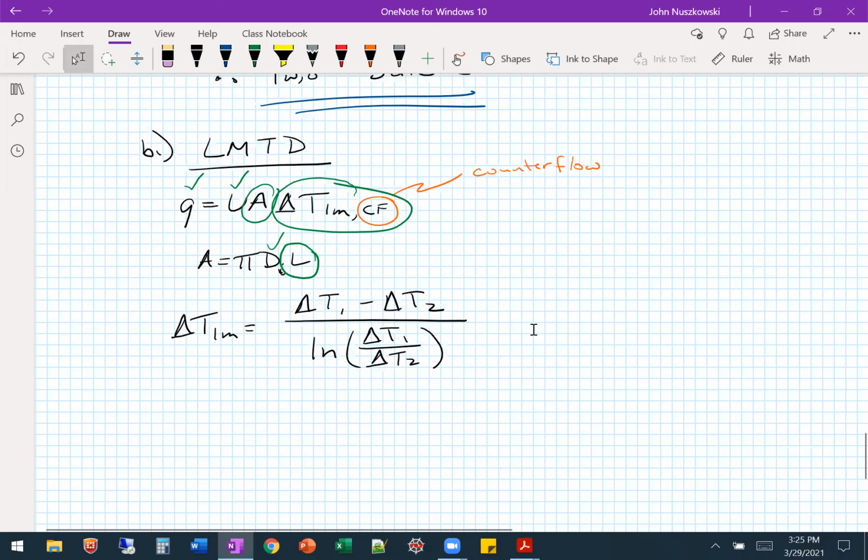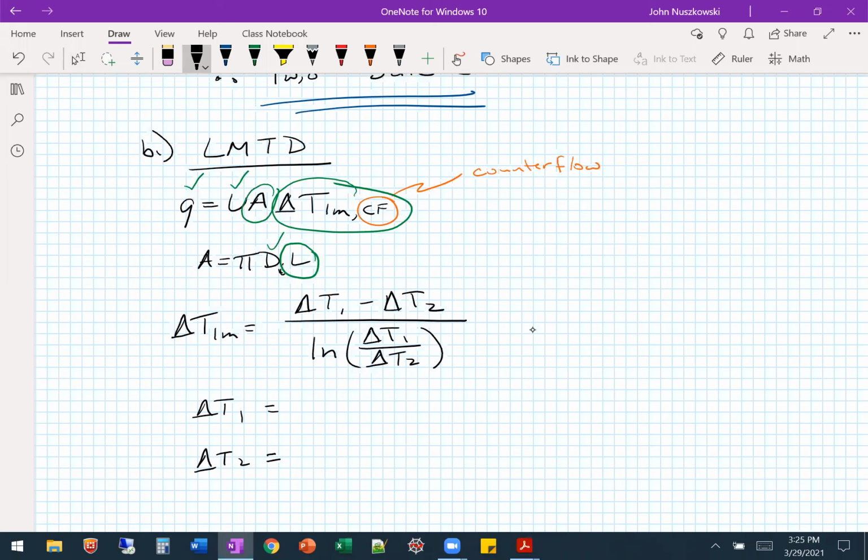Now for counterflow, delta T1 and delta T2 are different depending on whether it's parallel flow or counterflow. Let's see if I can find it quick. There we go.